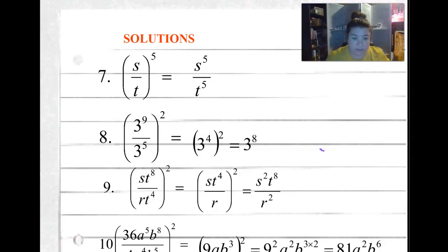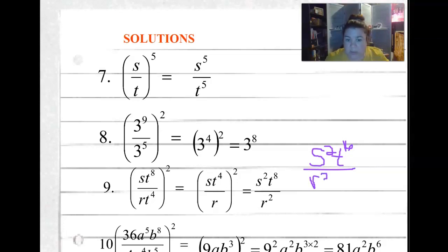So then we have s squared. I'm working this one out for you because it's multi-step. And then t, what's 8 times 2? 16. Draw that line. And then we have r to the second power.